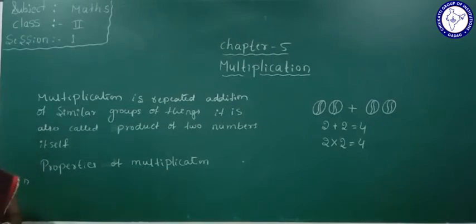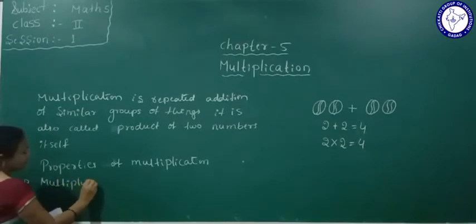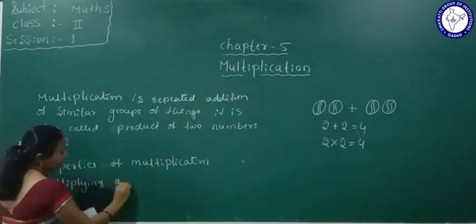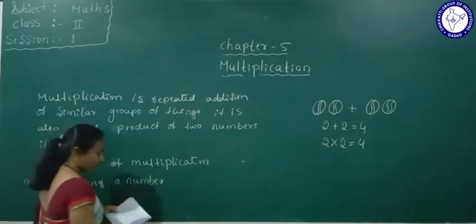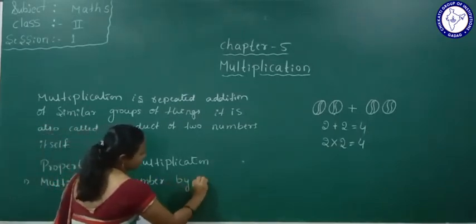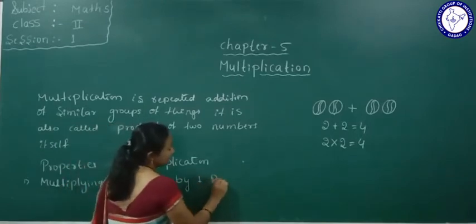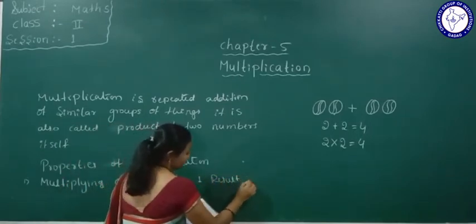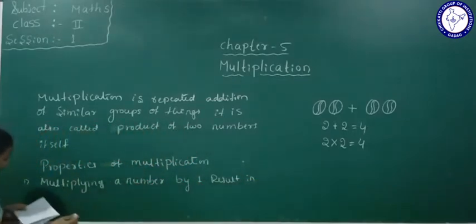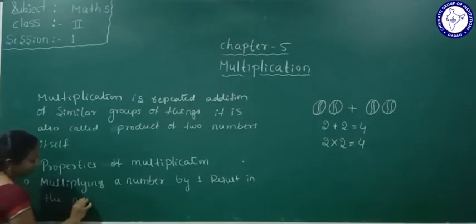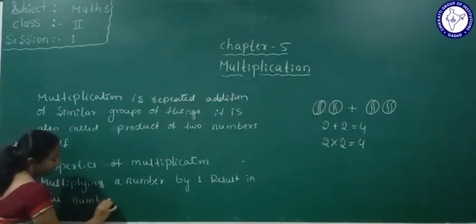First property: multiplying a number by 1 results in the number itself.